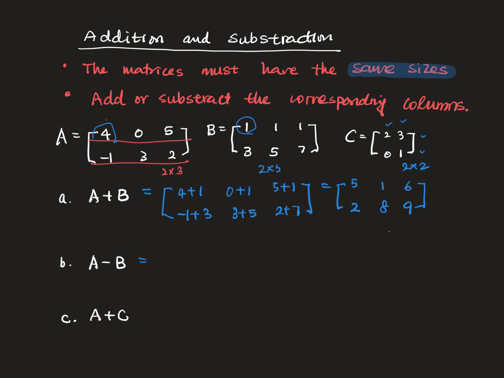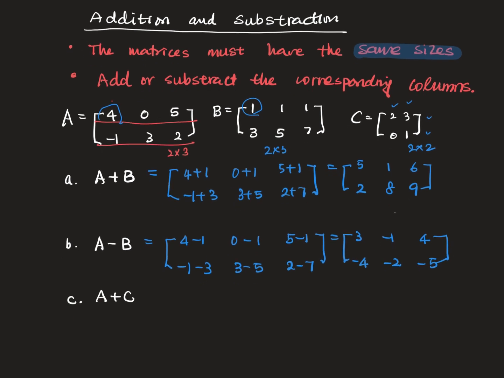Same thing, A and B have the same size. Subtract: 4 minus 1, 0 minus 1, 5 minus 1, -1 minus 3, 3 minus 5, 2 minus 7. This is going to be 3, -1, 4, -4, -2, -5. That's how to define addition and subtraction of matrices, guys.